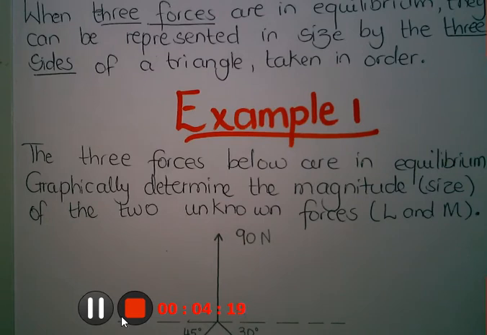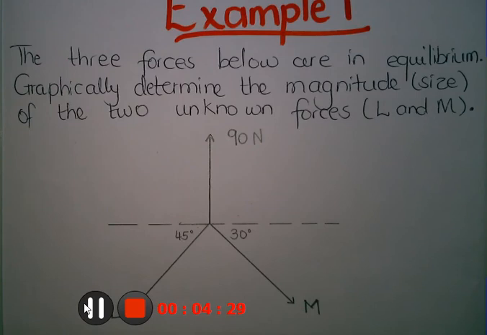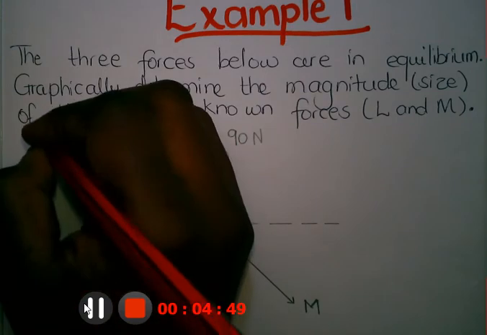Graphically determine the magnitude, which is the size, of the 2 unknown forces in the diagram, that is force L and force M. This is a diagram with our forces. So we have 3 forces. We have a 90 Newton force that is a vertical force, and we have L and then M. Now this is our space diagram.